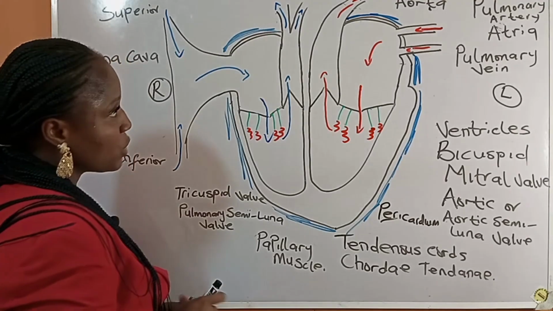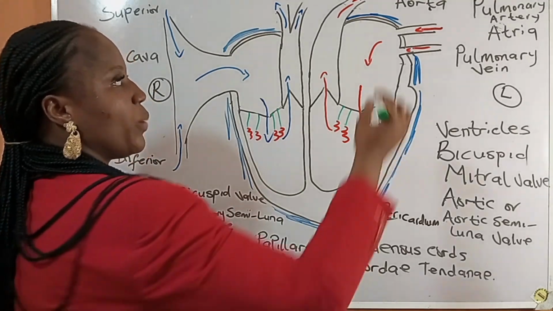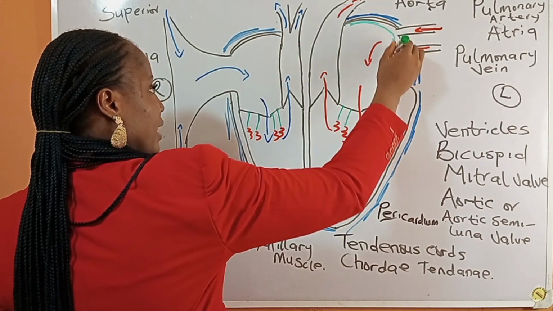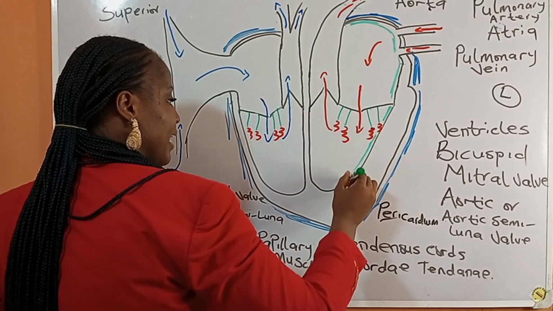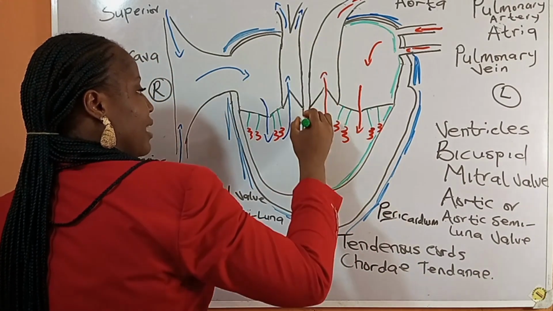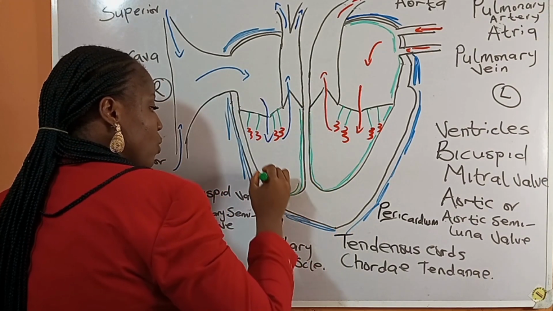In the same manner, we have a thin layer of muscle which also lines the inner wall of the heart like this, in order to ensure smooth flow of blood.